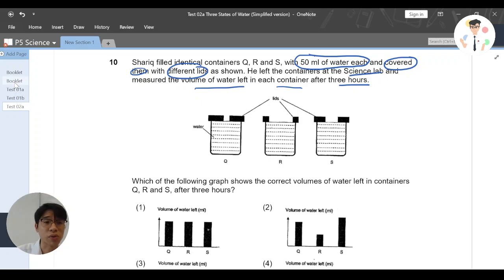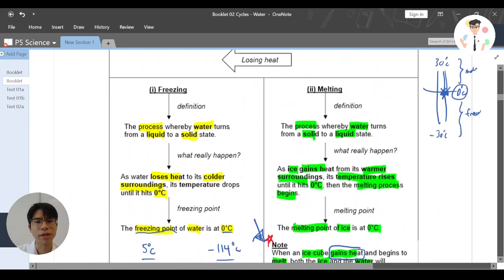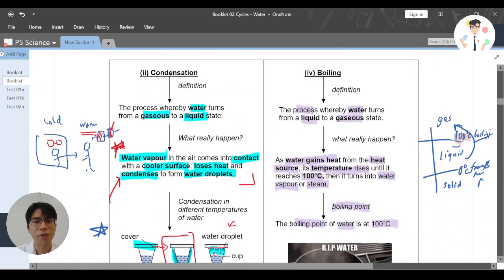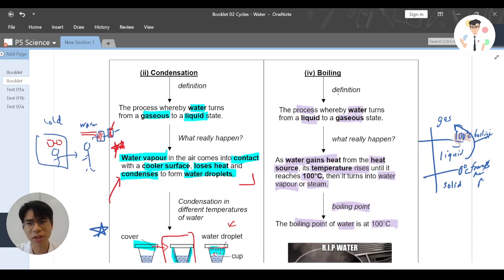Let's go back to our booklet 2 and check. Is it freezing? No, it should go to 0 degrees Celsius. Is it melting? No, there's no ice. Condensation? No, there's nothing about hot and cold. How about boiling? No, boiling should have a heat source that heats until 100 degrees Celsius.